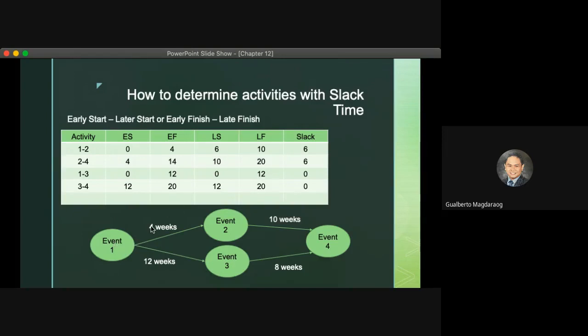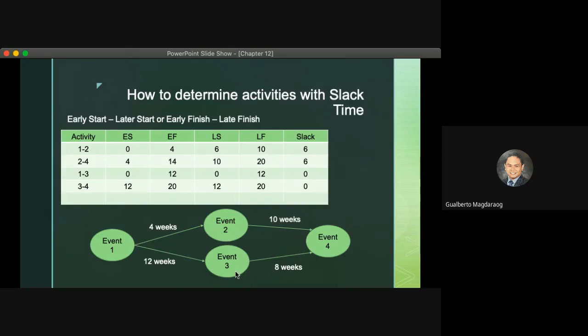They can delay or wait until after 6 weeks to start, and that will be their latest start, 6 weeks. After 6 weeks, they will start doing their task. After 10 weeks, event 2 to 4 will start also and finish at 20 weeks.